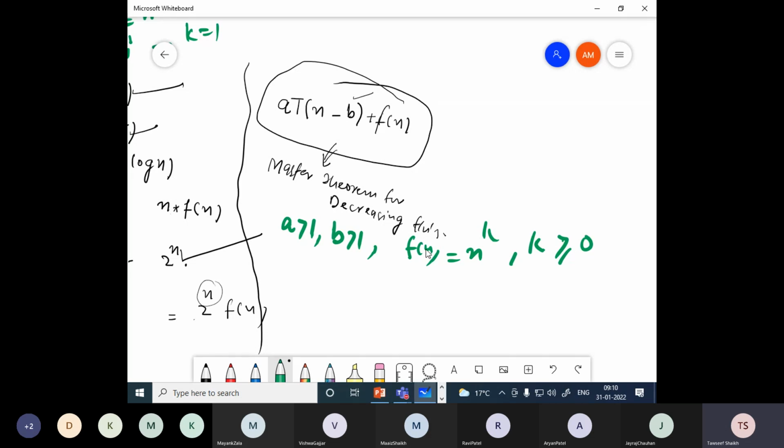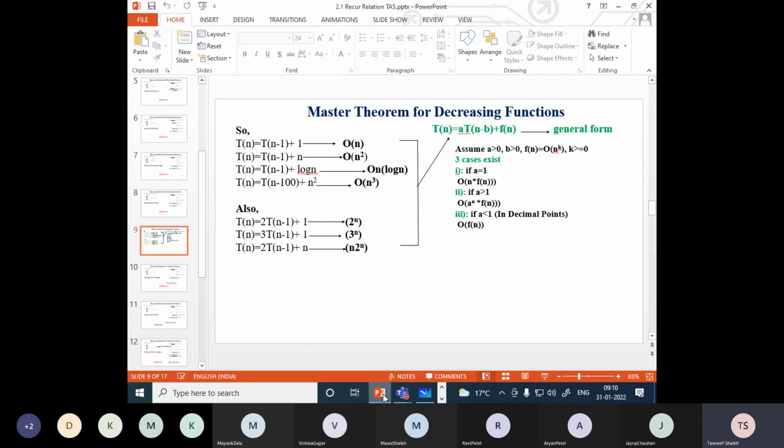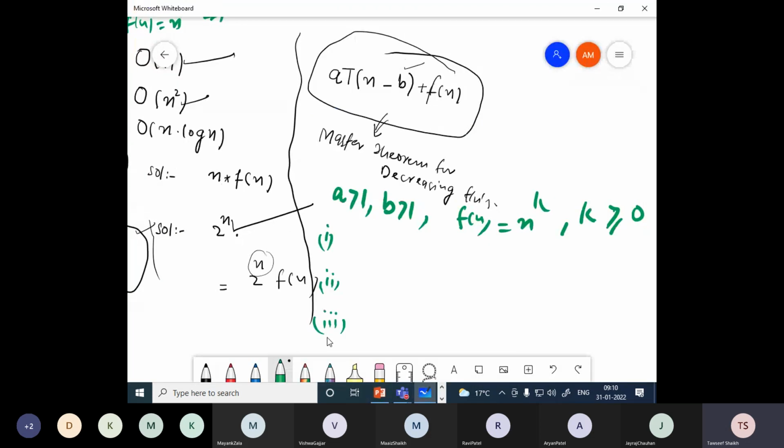Now, to solve this Master's theorem, which is the general theorem, we can have three different cases. Case number 1 is when a is equal to 1.